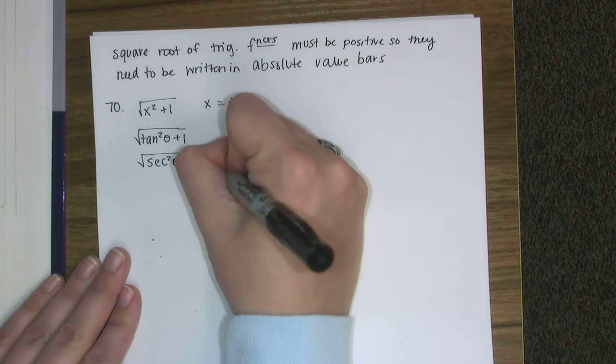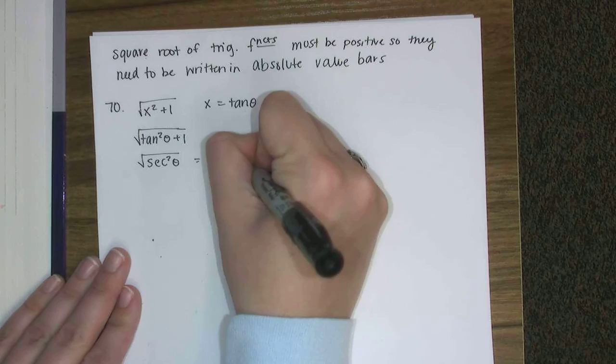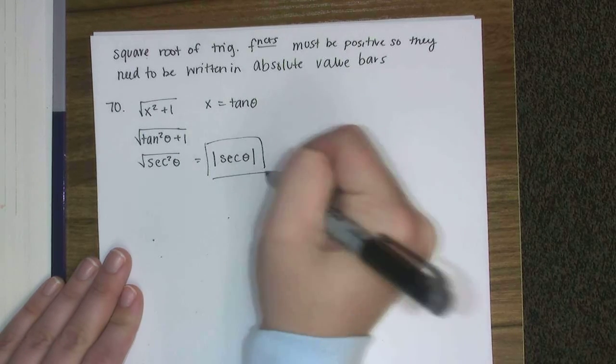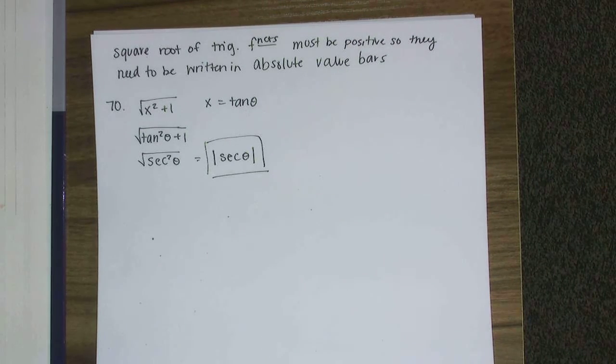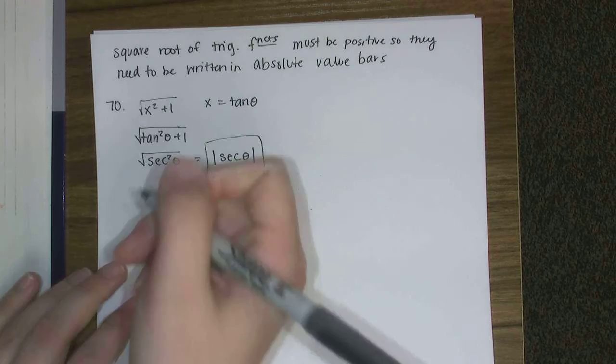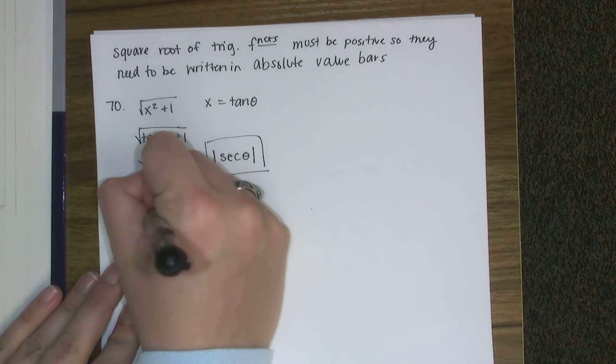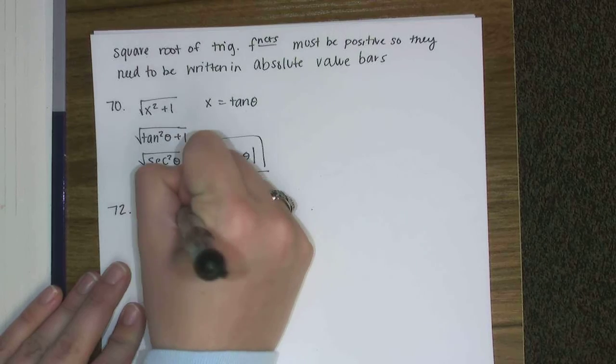Let's look at one that takes slightly more steps, but only by like 1 or 2. So 72 is the square root of 36 minus x squared, and we're told that x is equal to 6 sine of theta. So I'm going to replace x with 6 sine of theta.